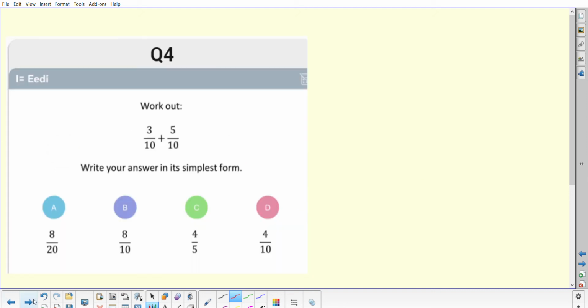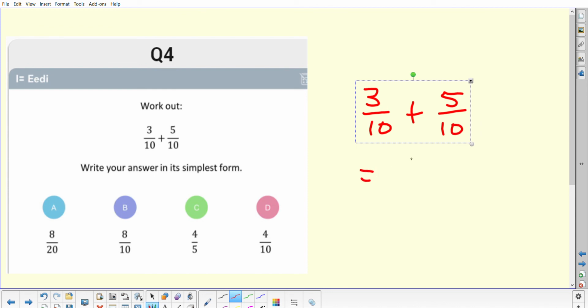For question 4, again the denominators are the same, so you've got 3/10 plus 5/10, and your answer here would be 8/10. Yes, that's one of the answers that's there, but there's something else mentioned in the question that you need to pay attention to, and that is, it says write your answer in its simplest form.